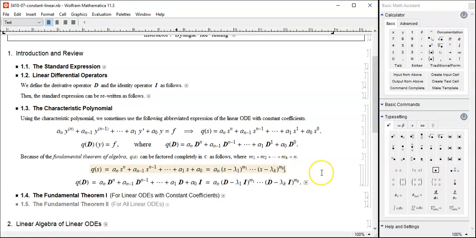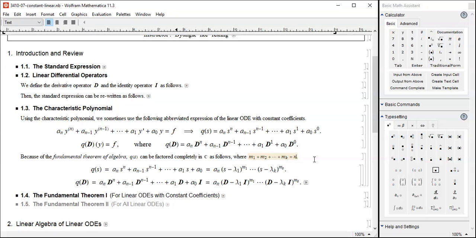In short, you're going to get this kind of expression. a_n, the leading coefficient, times (s minus lambda_1) to the m_1 power, and so on and so forth. Here, the complex numbers lambda_1, lambda_2, lambda_3, those are the zeros of this characteristic polynomial Q of s. And m_1, m_2, m_3, those are the multiplicities. And the multiplicities are positive integers, 1, 2, 3, 4, and so on. But they all have to add up to n, the degree of this polynomial.